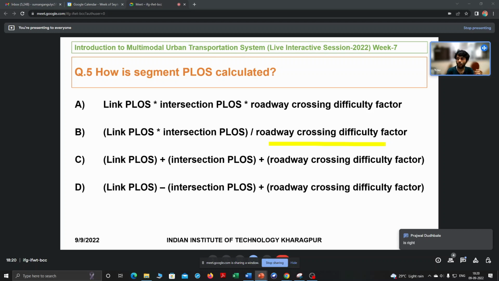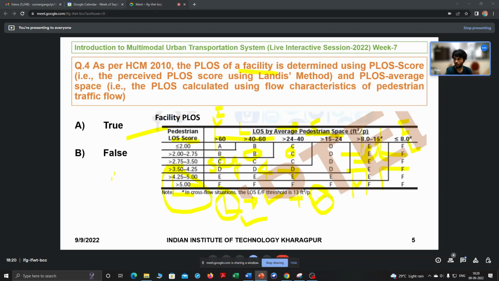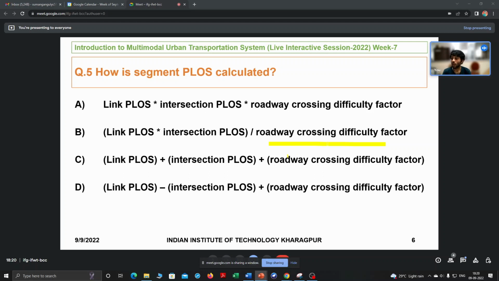So if your roadway difficulty factor is high, then you are saying the PLOS score is low. So now the correct answer is this, not this.